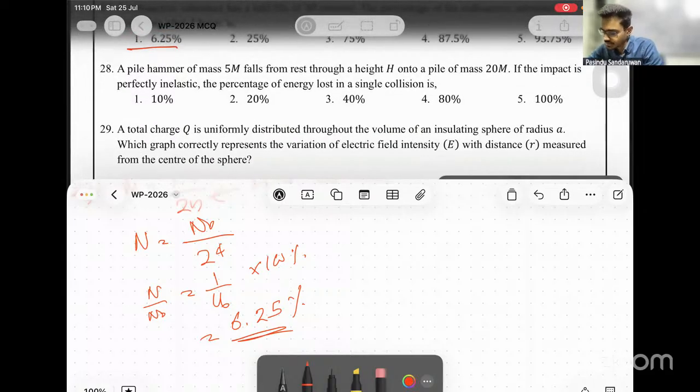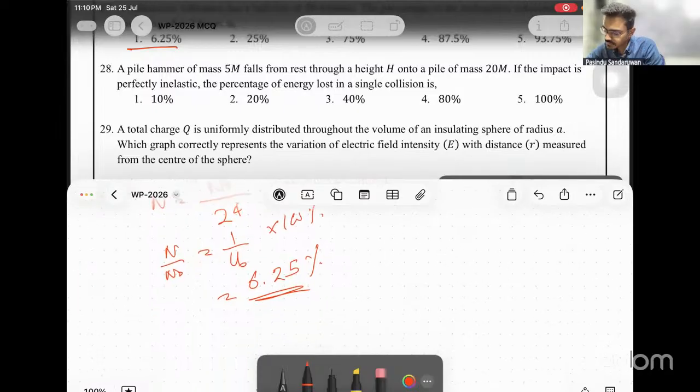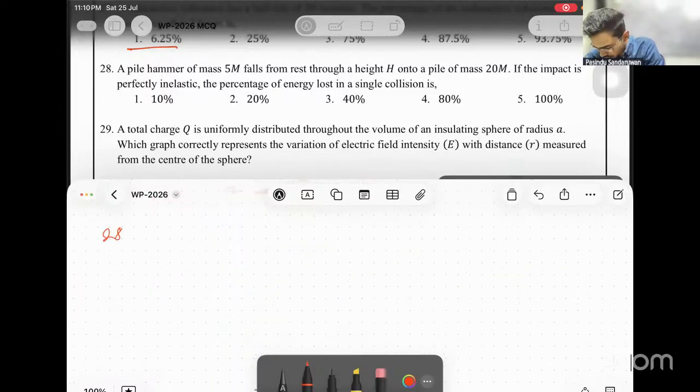28. A pile hammer of mass 5m falls from rest through a height h onto a pile of mass 20m. If the impact is perfectly inelastic, the percentage of energy lost in a single collision is? Then, if it falls through a height h, we know the speed it gets is given by root 2gh.